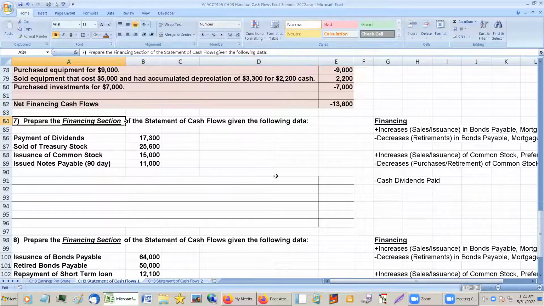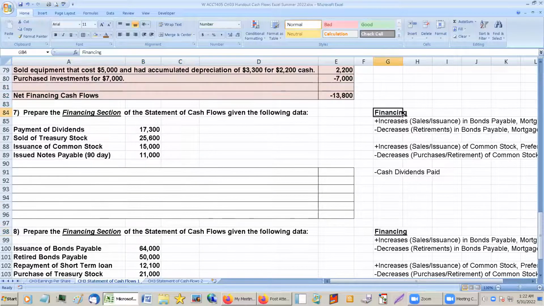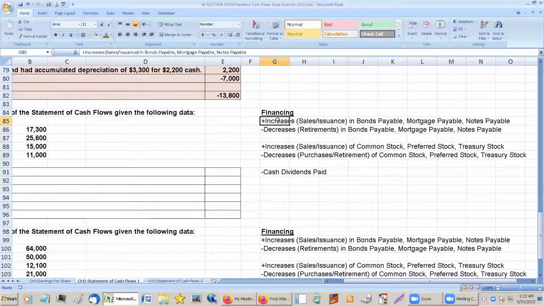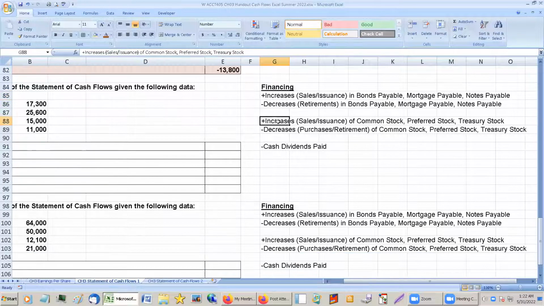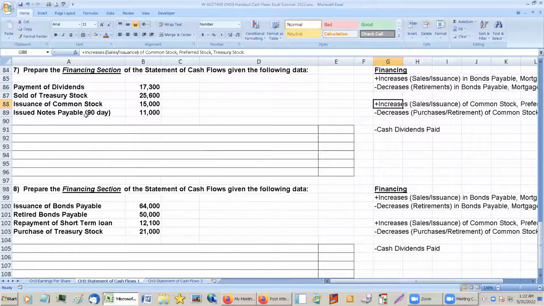Okay, financing section. That's over here. And basically, if anything, it's increasing. They go kind of hand in hand. If you increase your liabilities, your cash increases. If you decrease, it means you're paying it off. Same thing here. Okay. And dividends are also in there.